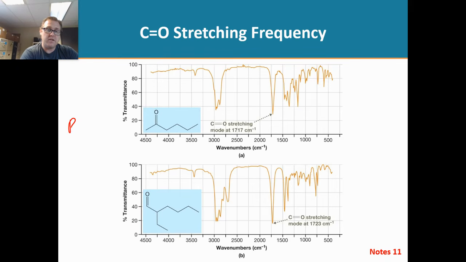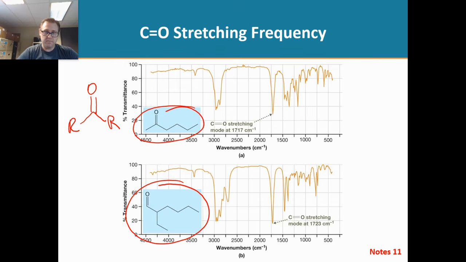So what is the definition of a ketone? That's the generic ketone, right? So when we look at these two ketones right here, oh wait, I take that back. This one right here is an aldehyde.